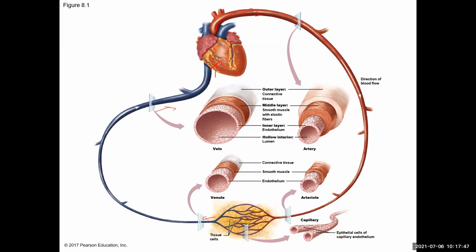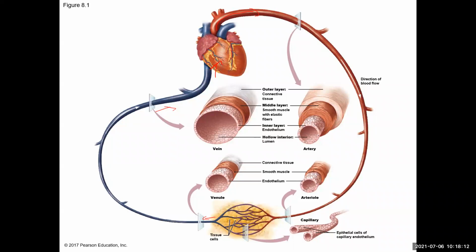Now it's a little more complicated in actually how the blood flows, because as we'll learn, there are two circulatory systems. You have the systemic and the pulmonary circuits, and one goes to the lungs and one goes to the tissues. And so this circuit is bringing the blood to the tissues and back to the heart.